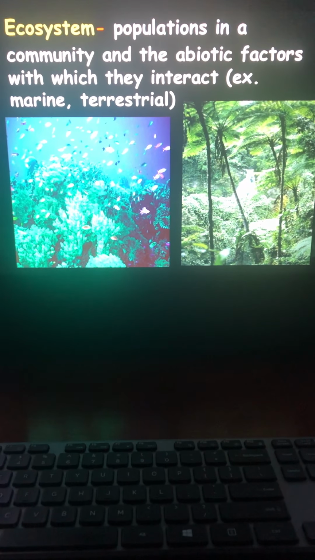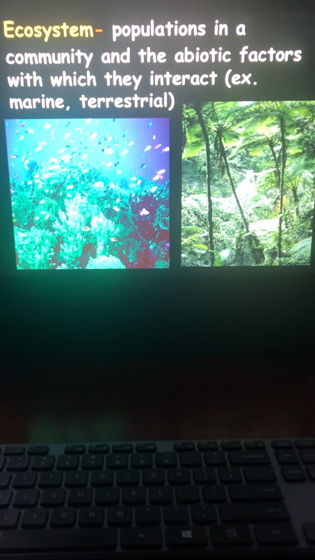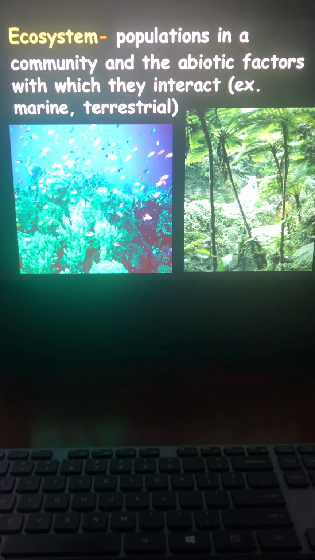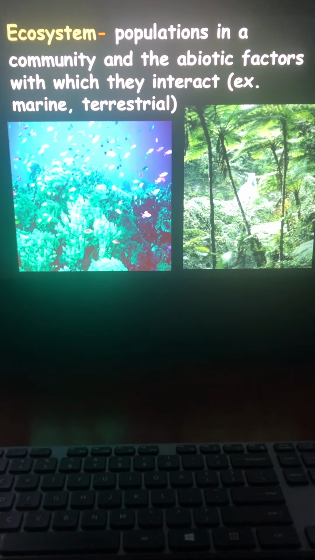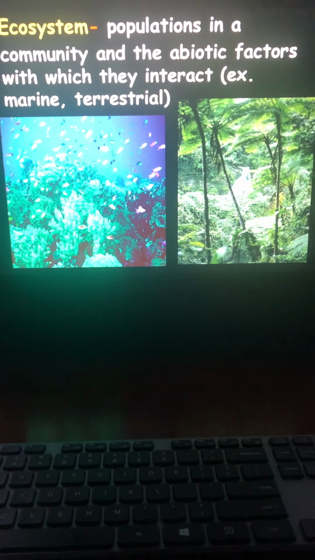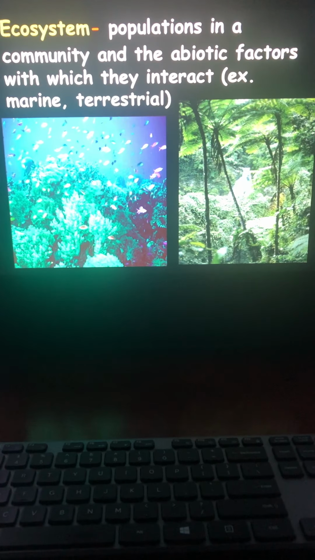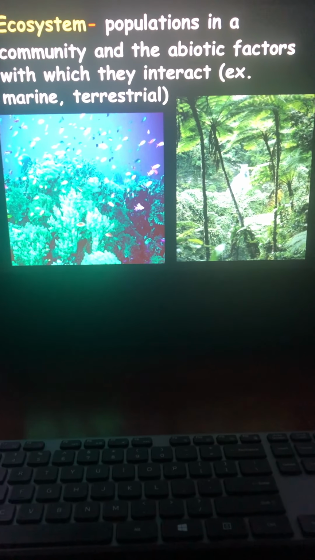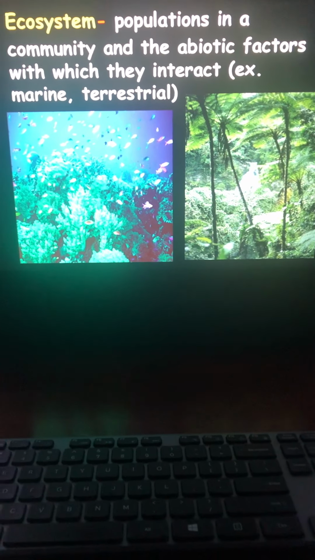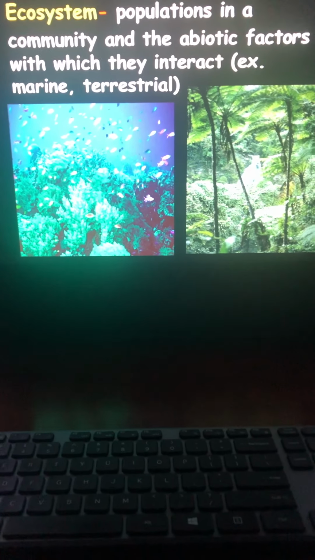So again, if you are an ecosystem, then you have populations in a community, and then you include the abiotic factors with which they interact. Even though water's non-living to us, we interact with water daily, whether it's in our food, in our drinks, we shower with it, bathe with it, we wash our car, whatever, we're using water.